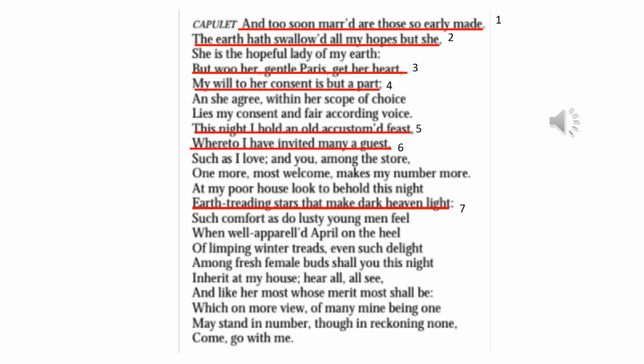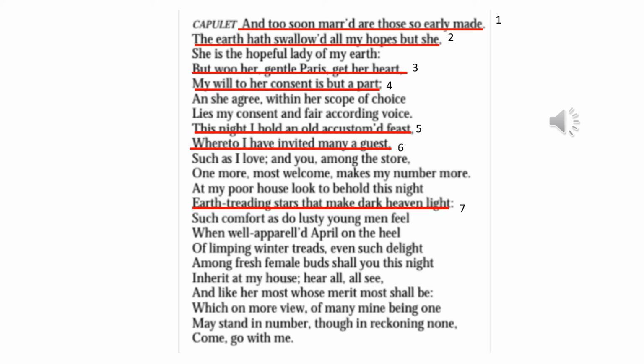Finally, on this screen, number 7, Capulet says to Paris that at his house there will be this evening earth-treading stars that make dark heaven light. Okay, this is a metaphor for Capulet describing beautiful women who will be at the party. They're going to be beautiful and they're going to be bright and dazzling.